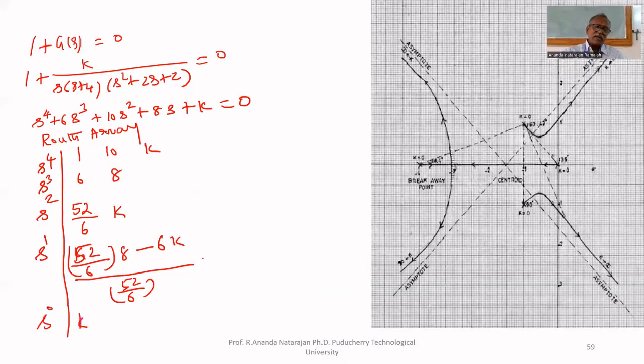To find K max, we equate the s power 1 row to 0. So 52 divided by 6 multiplied by 8 equals 6K.